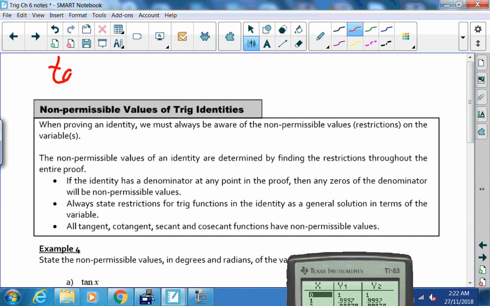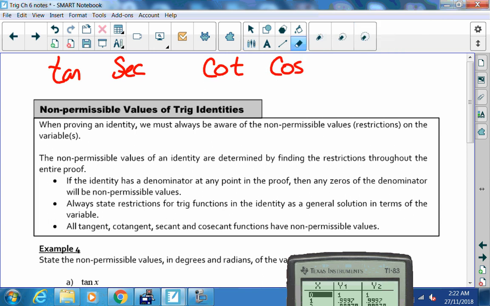So, tan, secant, cotan, and cosecant all have built-in limitations. Not cos. CSC is what I meant to write there. Let's fix that up. So cosecant, secant, cotangent, and tangent all have built-in limitations.